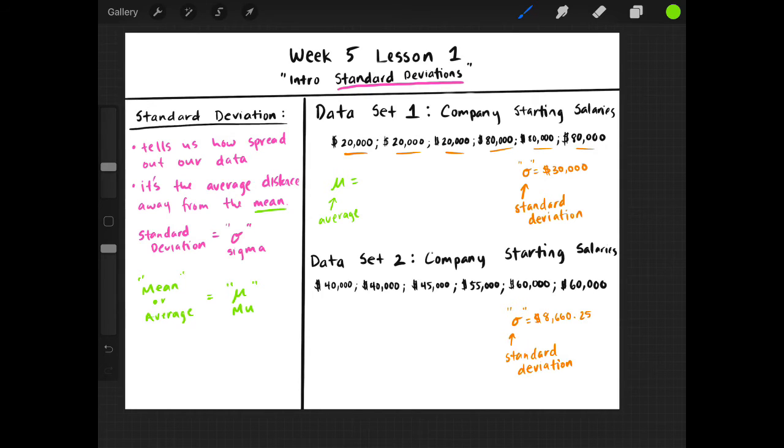I made this a little bit easy for us so we can just get the concept, but 20 and 80 makes 100,000, so we have $300,000 divided by 6 different salaries. I made it so this will work out to be the same thing. Our average salary there is $50,000.